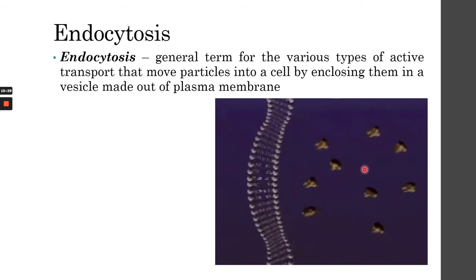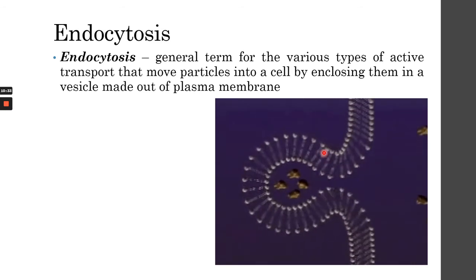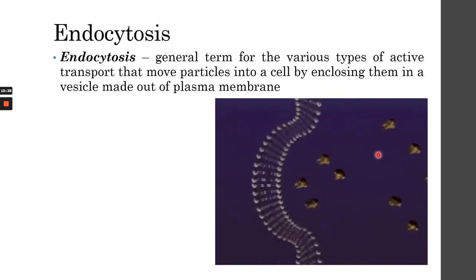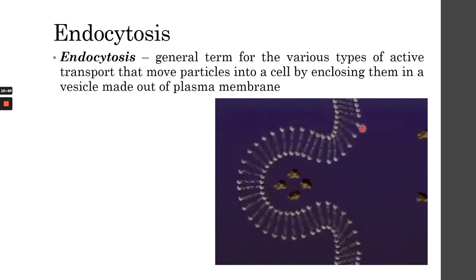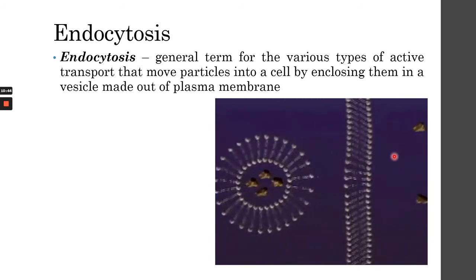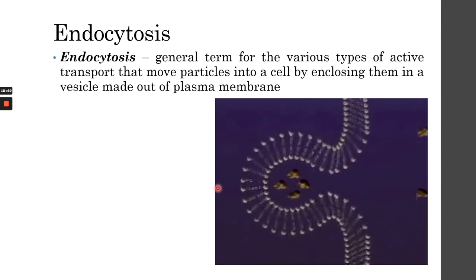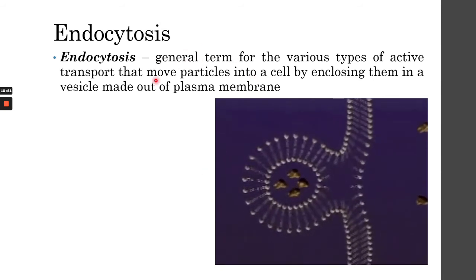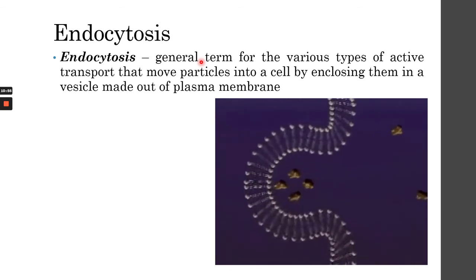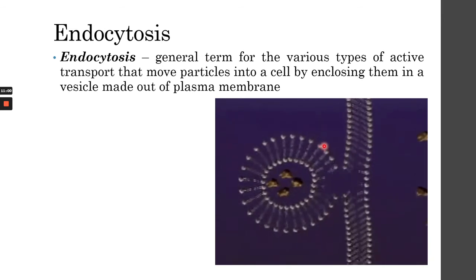It is not stagnant. It is not a very hard structure. It flows, so the cell can bend it. So what the cell does is it extends this part of the plasma membrane to engulf materials from the outside and pull things inside. So endocytosis is the general term because we have three types of endocytosis: phago, pino, and receptor mediated. But the process and how they do it is basically almost the same.